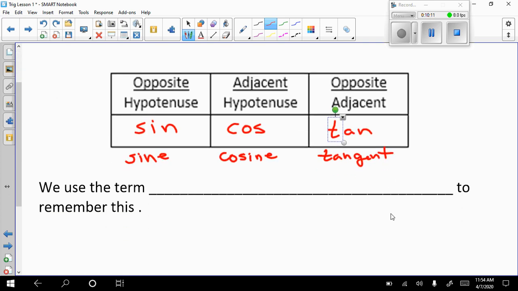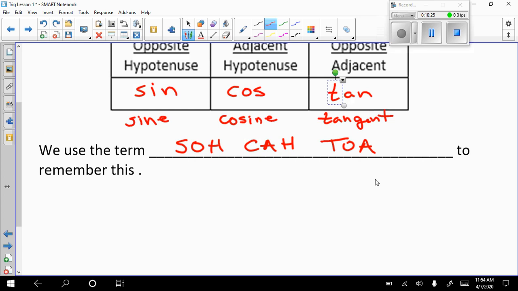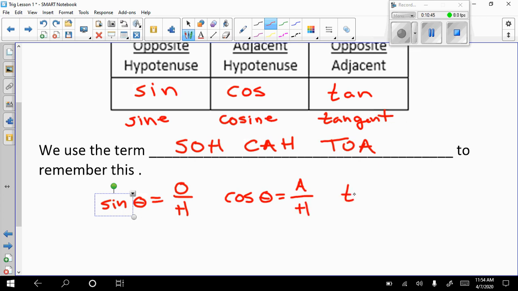And we often use this term SOHCAHTOA. You may have heard that before. The reason they use SOHCAHTOA is that sine of an angle, sine of theta, is opposite over hypotenuse, so you can see they've written it in that order. Cosine of an angle is equal to adjacent over hypotenuse, and tan of the angle is equal to the opposite side over the adjacent side.